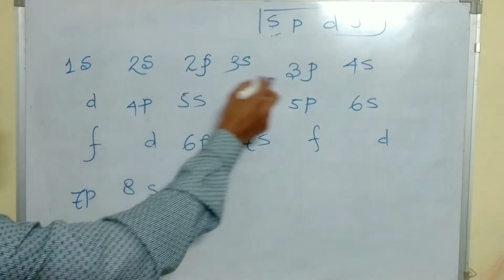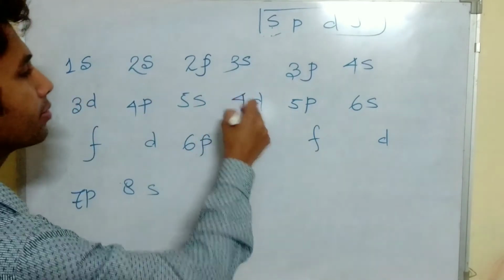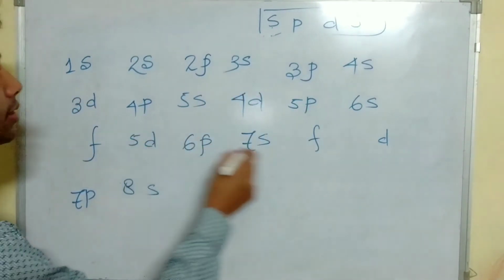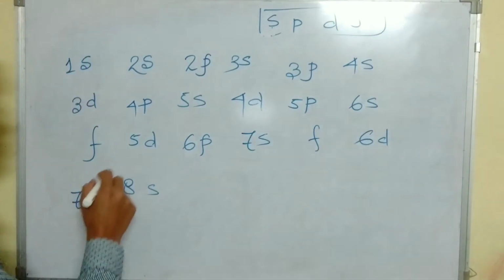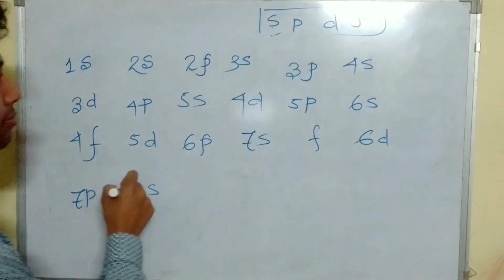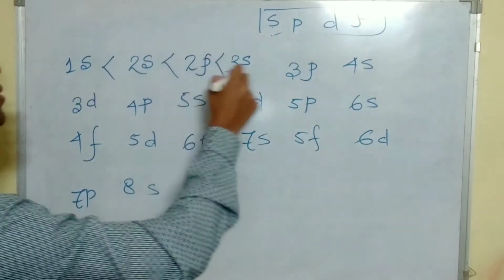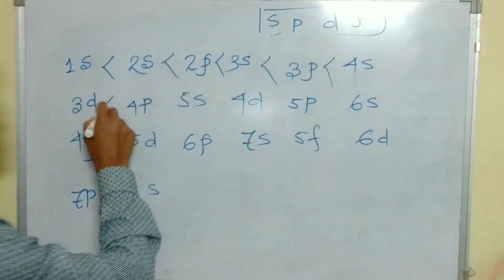Now d starts from 3, so 3d, 4d, 5d, 6d. Now f starts from 4, so 4f, then 5f. Now we may put diagonal arrows.